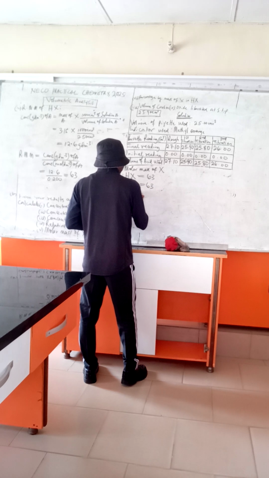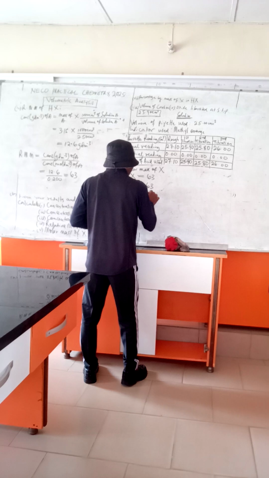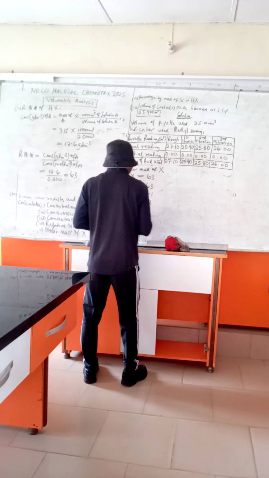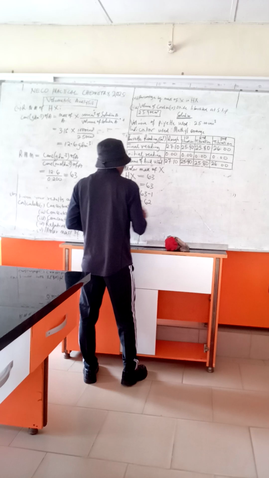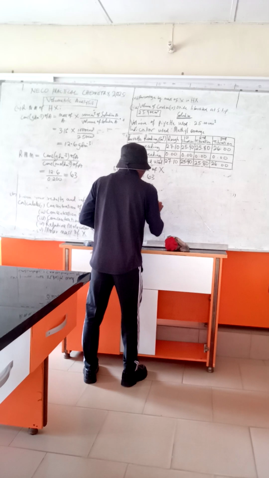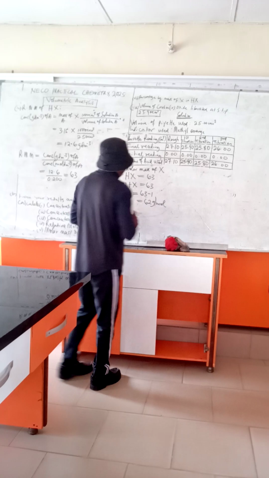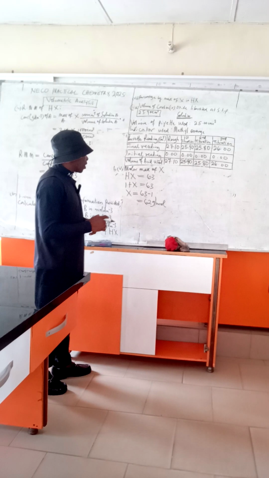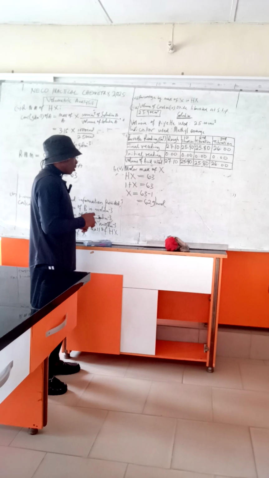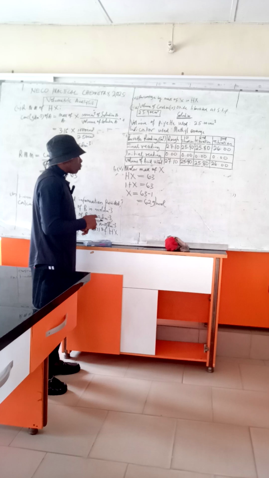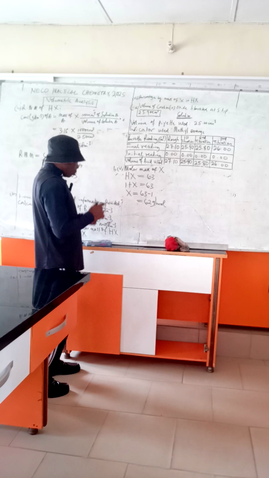Making X the subject of the formula, X is equals to 63 minus 1. This will give us 62. So the molar mass of X, the unit is gram per mole. So the molar mass of the radical of the acid X is 62 gram per mole.